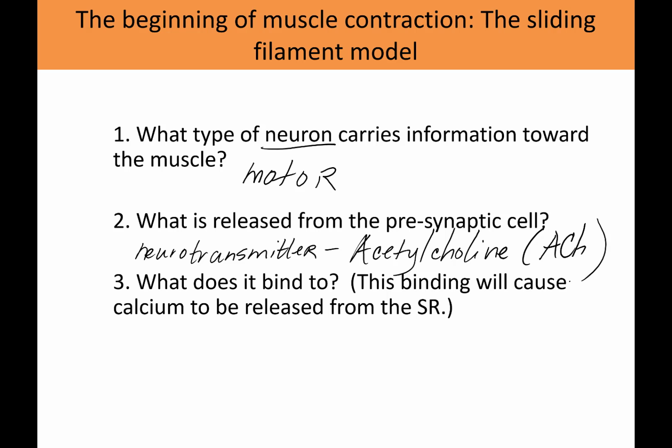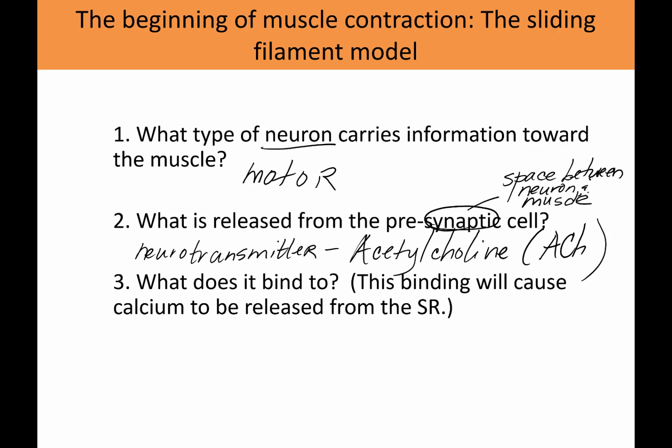Acetylcholine will actually leave the motor neuron and pass into something called the synapse. It's a space in between the motor neuron. So the synaptic is referring to this space between, in this case, a neuron, a motor neuron, and in this case, a muscle.